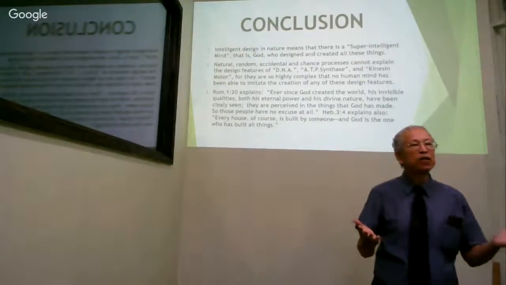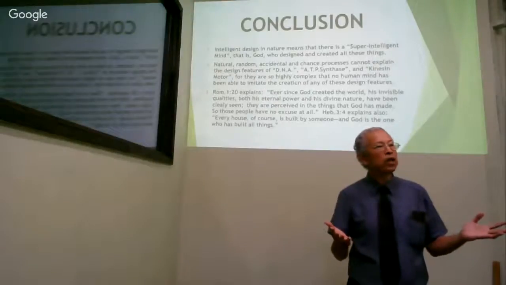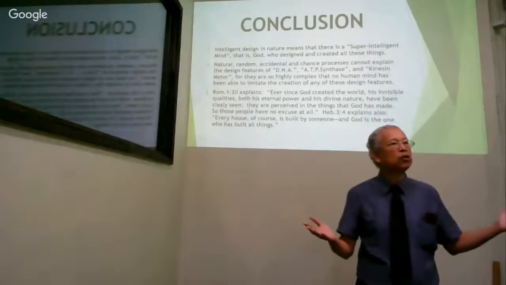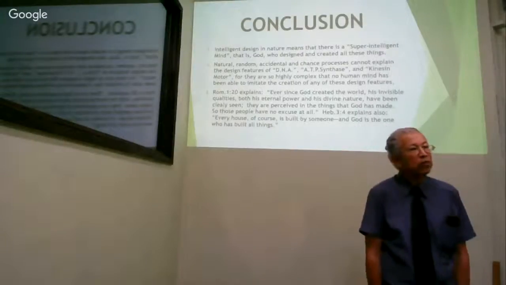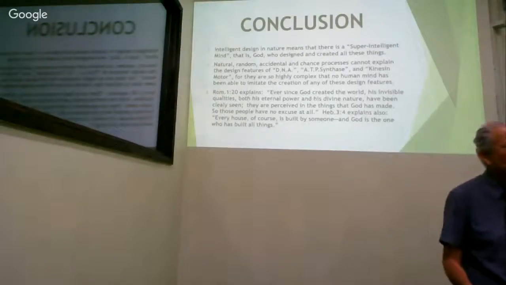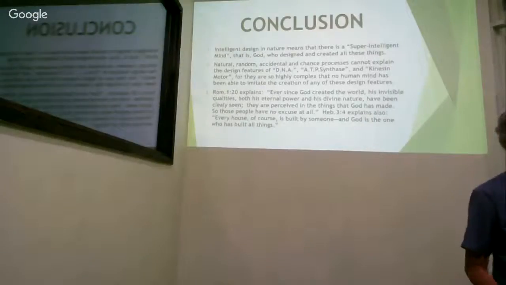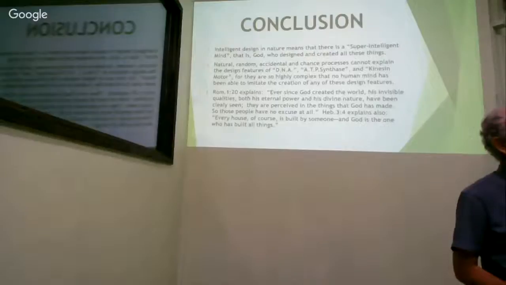Now, if it didn't have that mechanism for feeding itself, it wouldn't be able to survive because it is rooted in one place and it can't walk up and down and apply for a job. So it has to be able to feed itself.